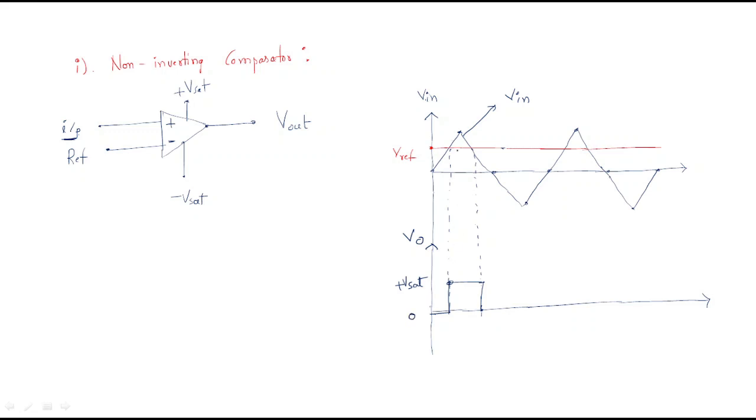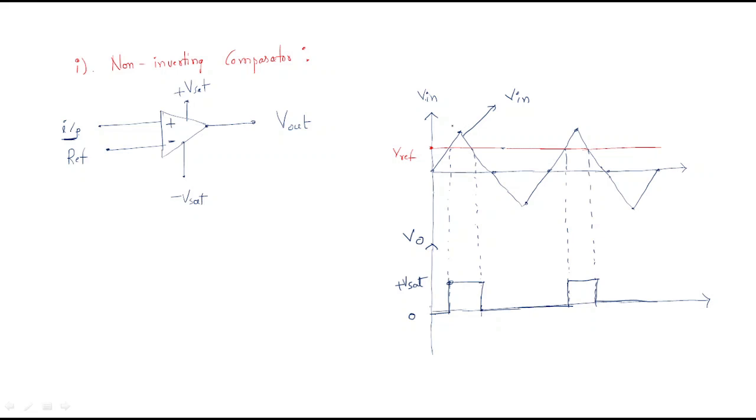But at this region the input voltage is higher than the reference voltage, so these are also fixed. At this point also the input voltage is higher than the reference voltage, so that's why we are getting this output.